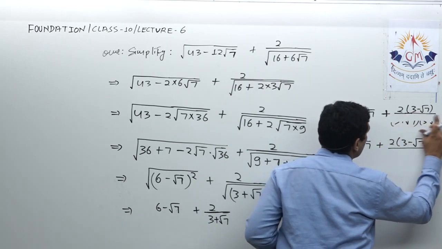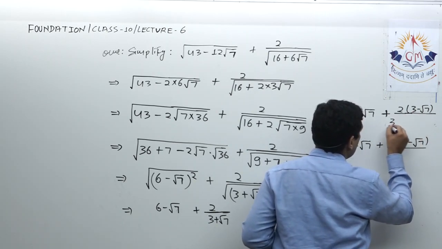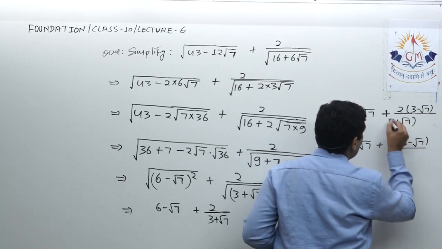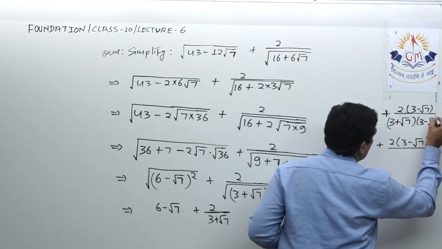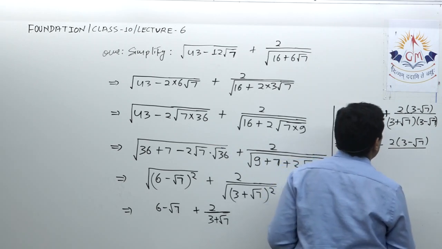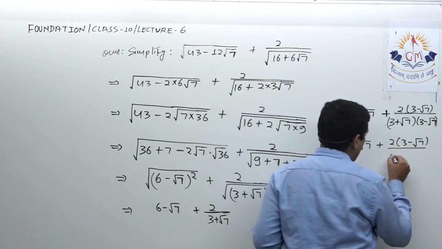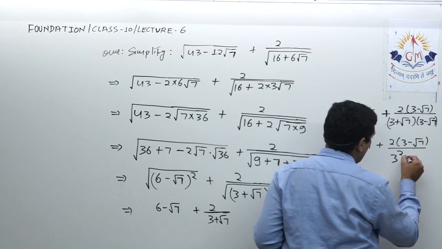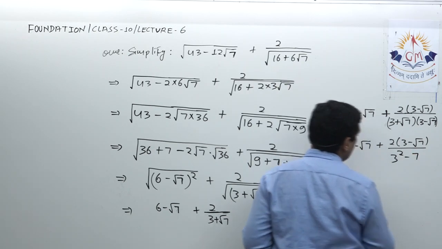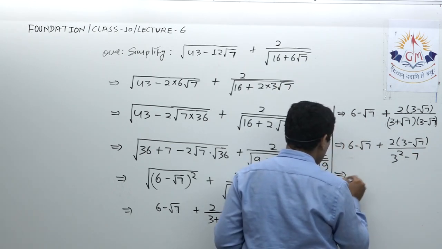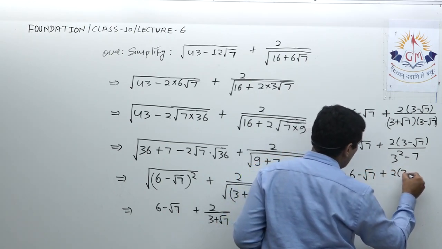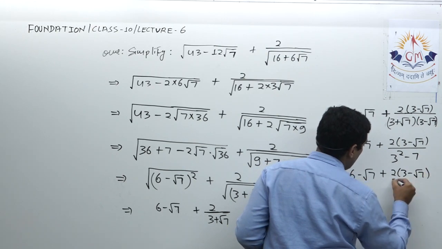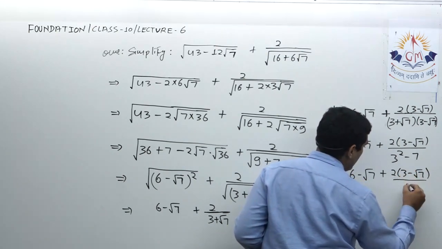I am rewriting this 3 plus root 7 into 3 minus root 7. So over here I will get 3 square minus root 7 square, that is 7. So here 6 minus root 7 plus 2 into 3 minus root 7 upon 9 minus 7, that is 2.